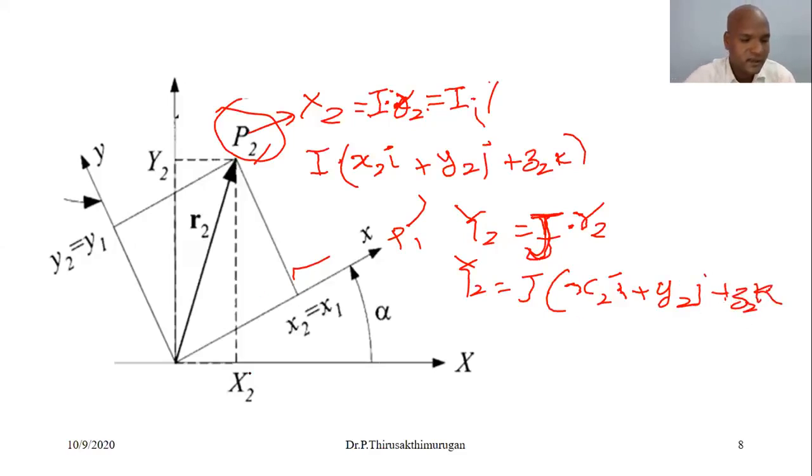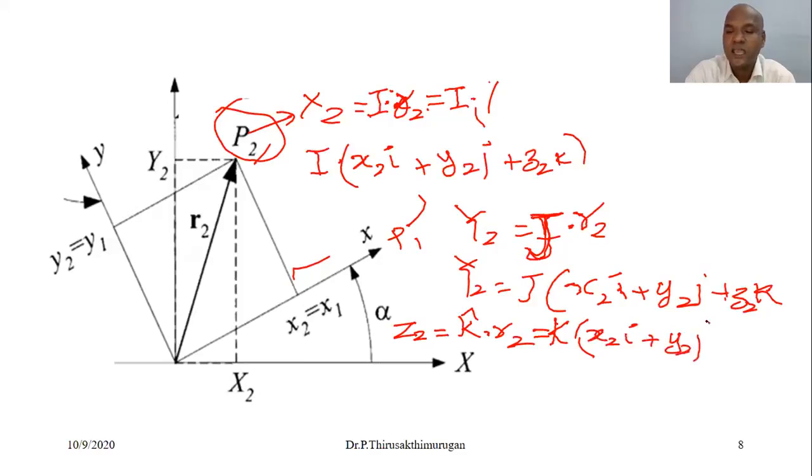Next is capital Z of the coordinate frame. Capital Z2 equals K vector of R2, which equals K of X2 I plus Y2 J plus Z2 K.